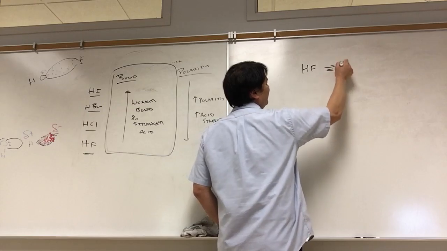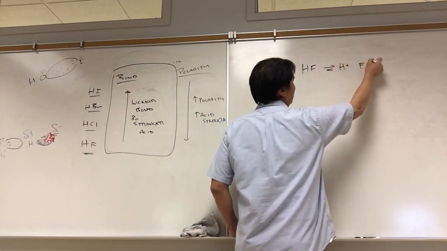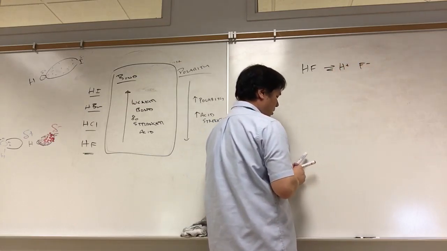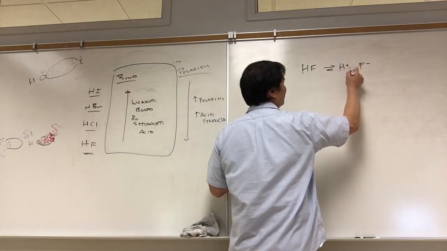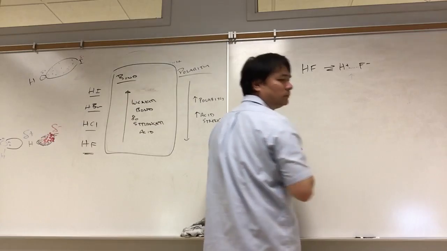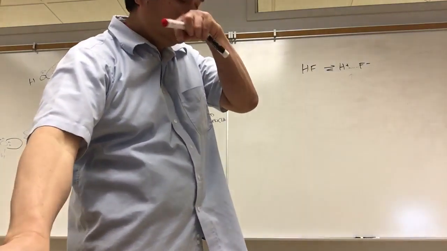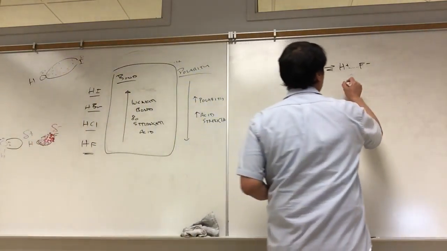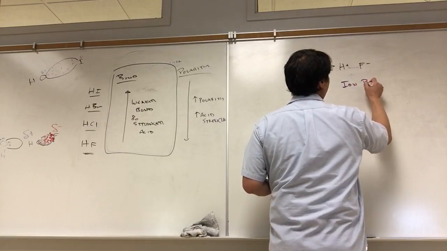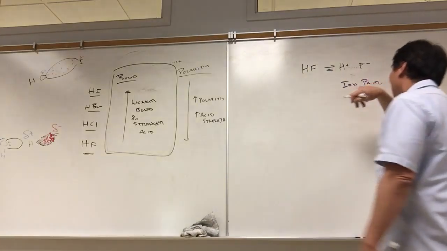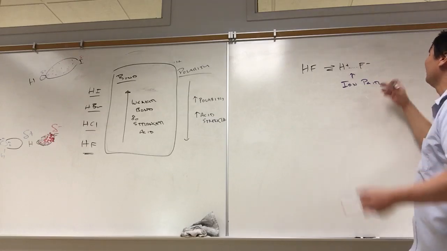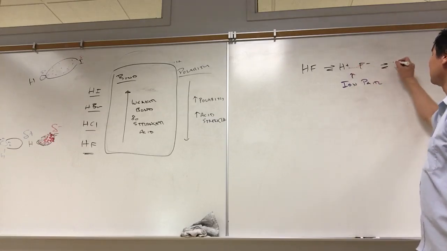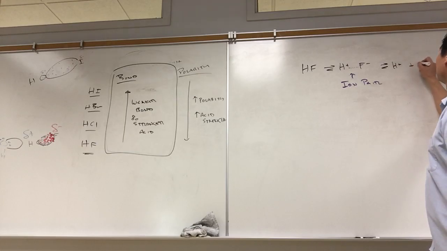When HF undergoes dissociation, it doesn't completely break apart. That is, we end up with an ion pair formation. So an ion pair forms, and you have to break apart the ion pair to get the free acid, that is hydronium or H+.